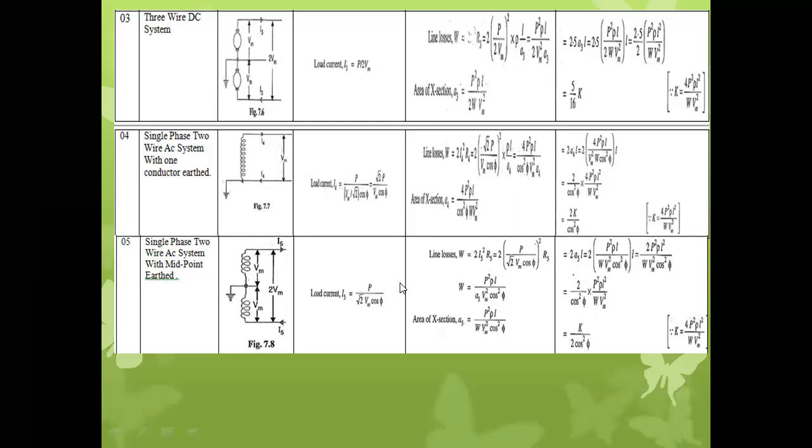Yes, how much? Roll number 36, tell me. Roll number 32.